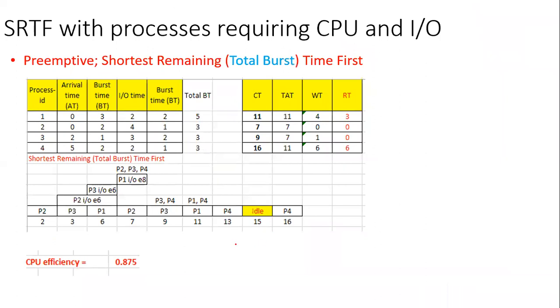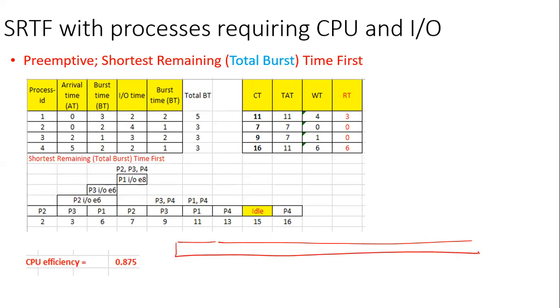So let me do it again, right? Look at that. So the first one that comes to you is what? P2, no? Why P2? Because 2 processes came at the same time and the lowest burst time is P2.